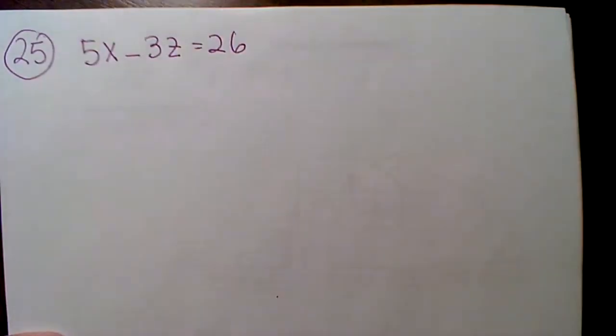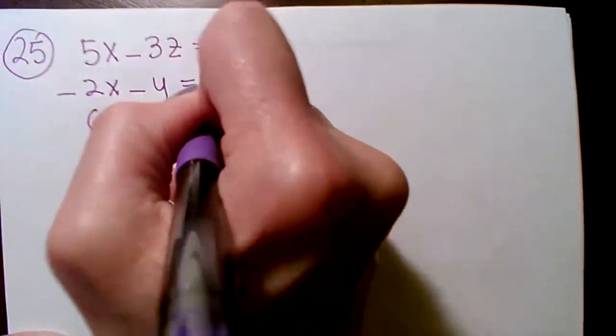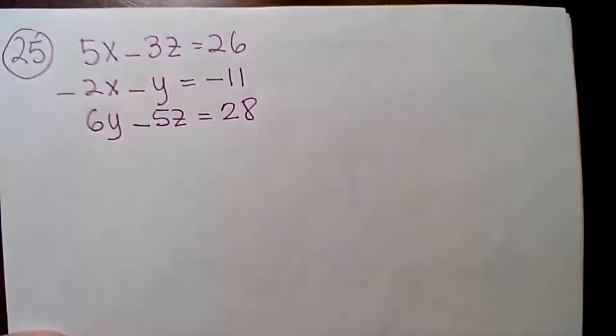This is number 25. We have 5x minus 3z equals 26. And we have negative 2x minus y equals negative 11. 6y minus 5z equals 28.